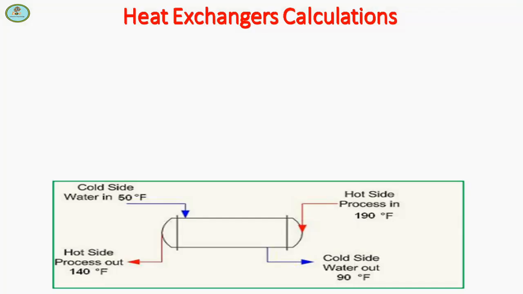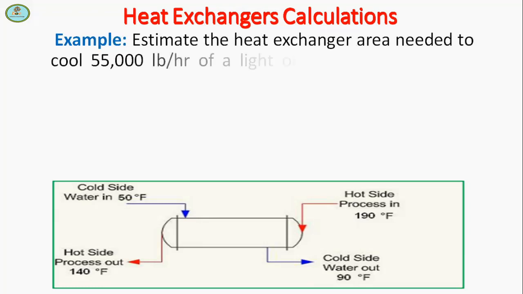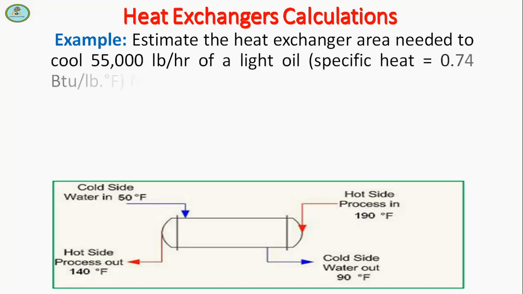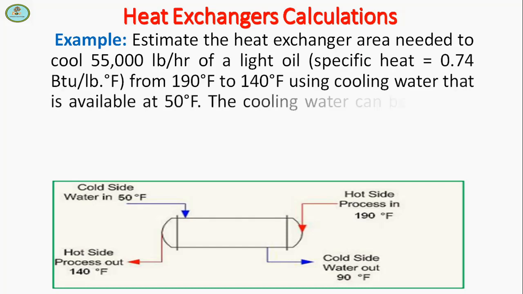Heat exchanger calculations. For example, estimate the heat transfer area needed to cool 55,000 lb per hour of a light oil, specific heat is 0.75 BTU per lb degree Fahrenheit, from 190 degree Fahrenheit to 140 degree Fahrenheit using cooling water that is available at 50 degree Fahrenheit.